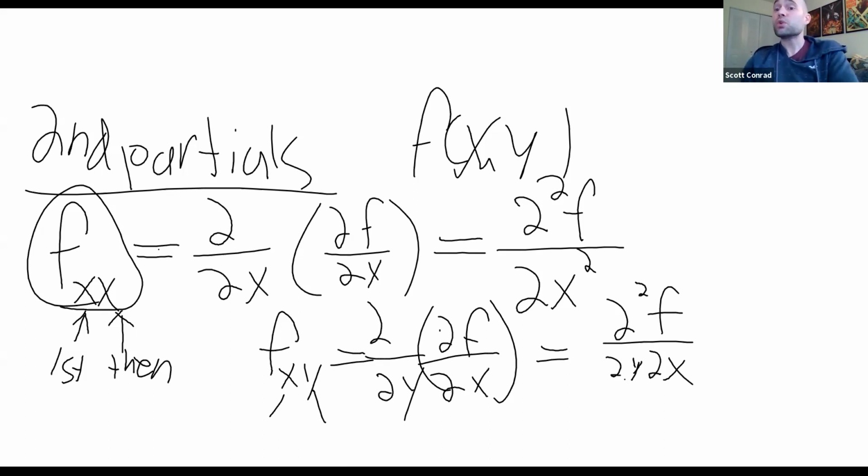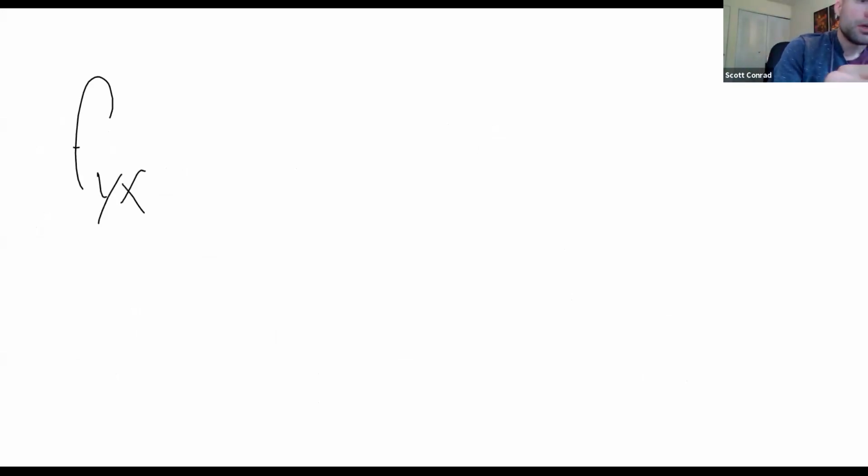This might be a little confusing because here we write f sub xy, and here we reverse the order. That is indeed a little confusing, but as we'll see in just a second, it's not actually something you need to worry about. Then the other partials are: first we take the partial with respect to y, and then with respect to x.